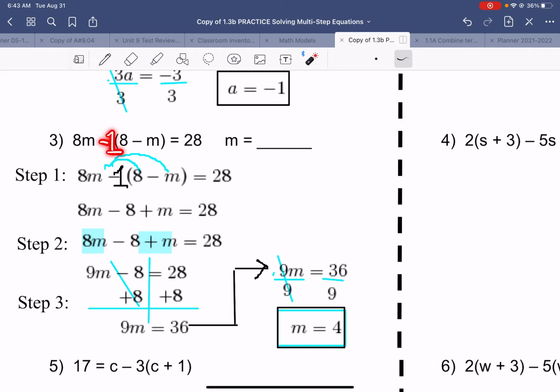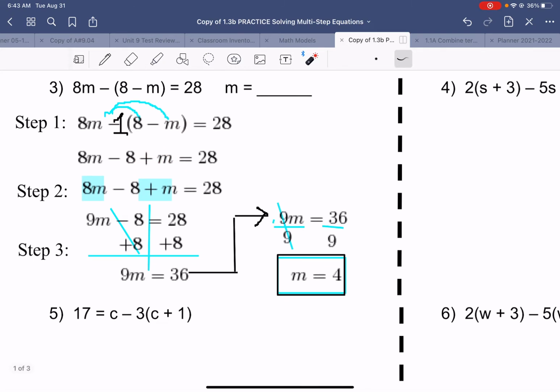So there's a negative, but it's a negative 1. And so you're distributing a negative 1. That's why negative 1 times 8 gets us negative 8, and negative 1 times negative m gets us a positive m.